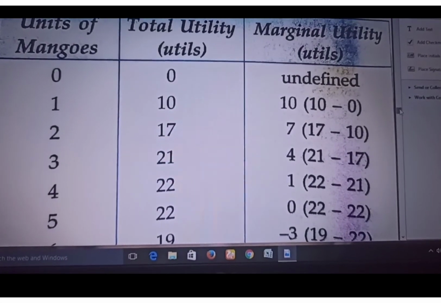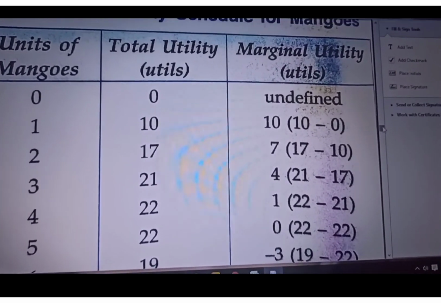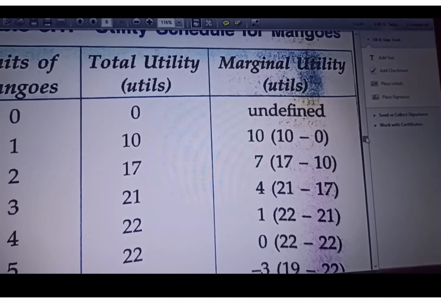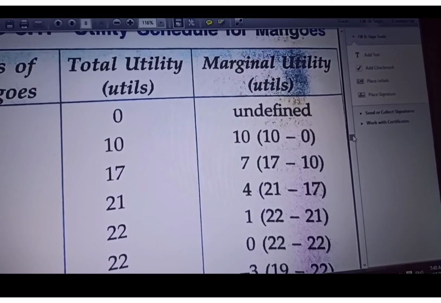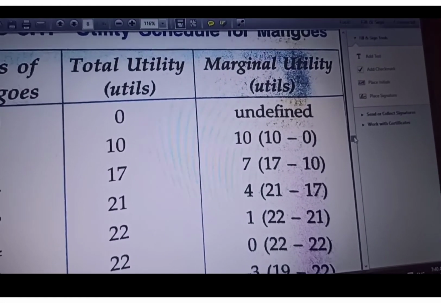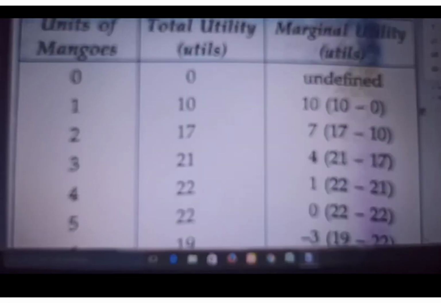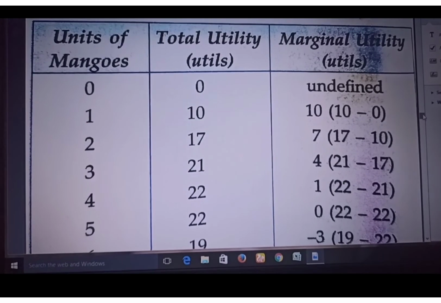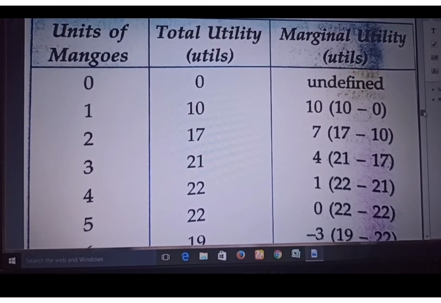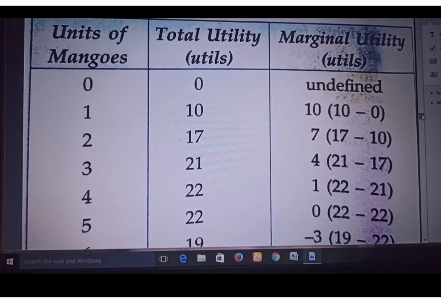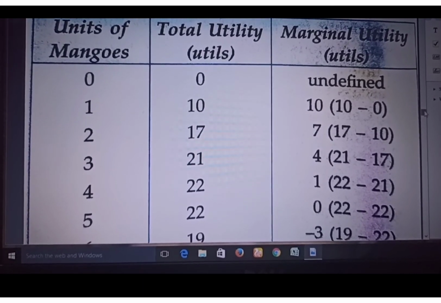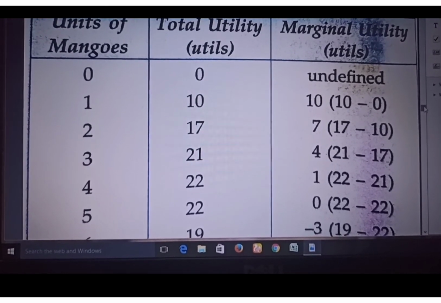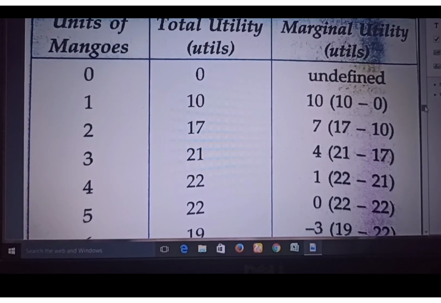So marginal utility is clear: additional utility derived from the consumption of an additional unit of commodity. So whenever we are adding an additional unit in our consumption, whatever the change in the utility by adding the next unit of commodity, we can call it marginal utility.